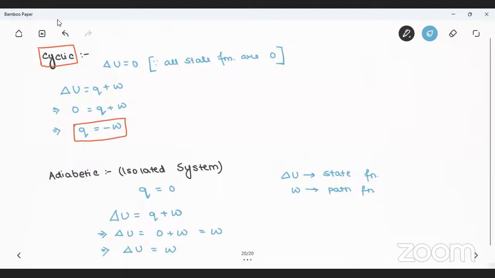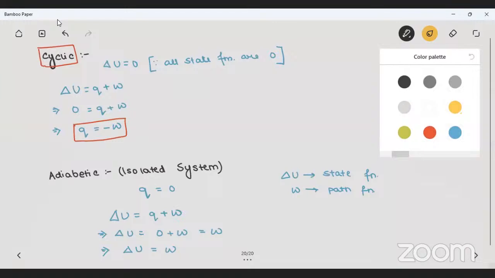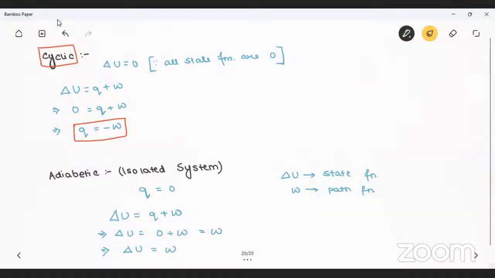When there is no heat transfer, and when there is no heat transfer, we call it an adiabatic process. So delta U is W. Here we can write it as W adiabatic. So for an adiabatic process, delta U is equivalent to W adiabatic.